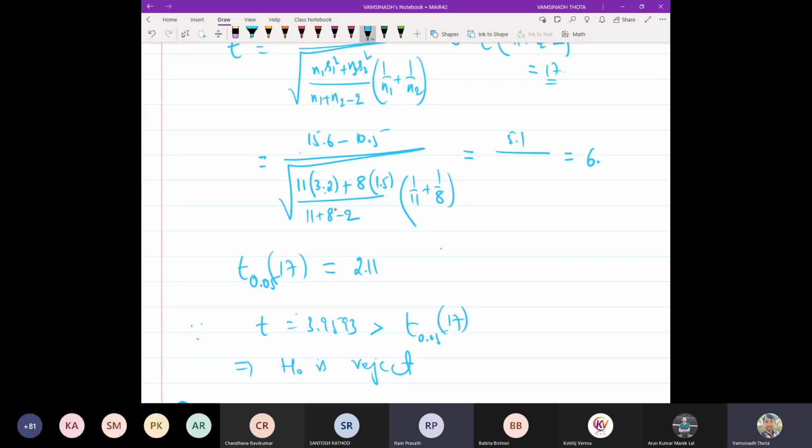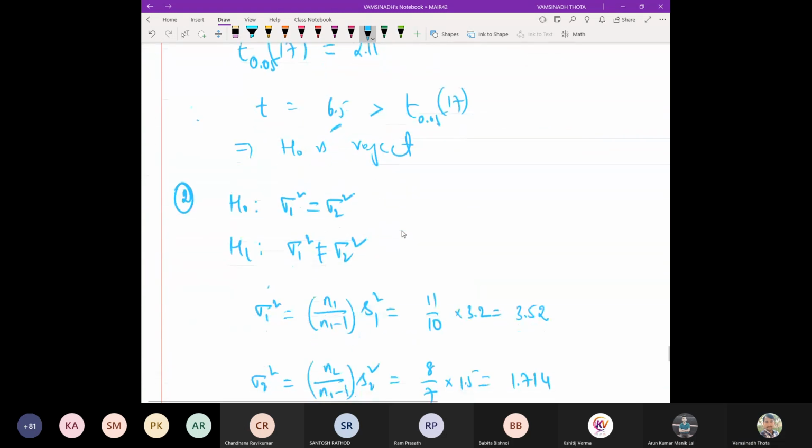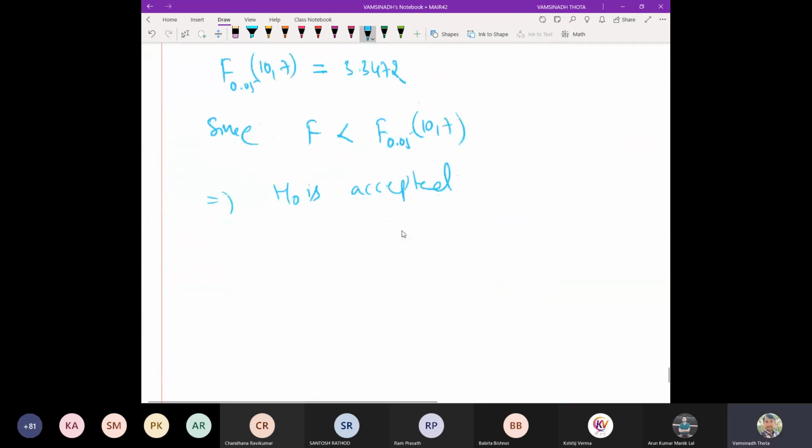Oh, 6 point something. Okay, even though the conclusion is the same again, right? Yes, sir, the conclusion is the same. Thank you, Ram Prasad. That is 6.5 approximately. Okay. So this is about the t-test and f-test.